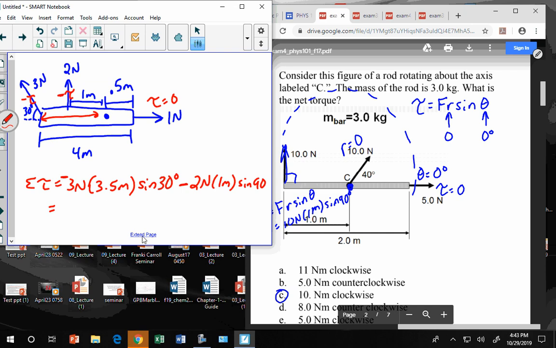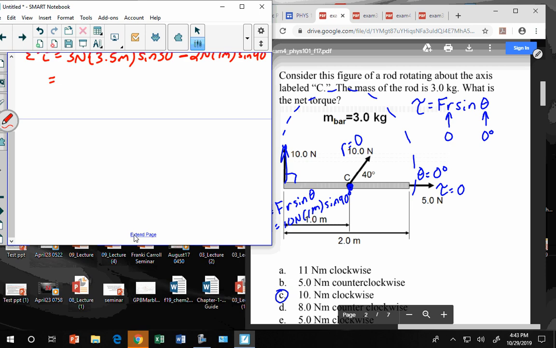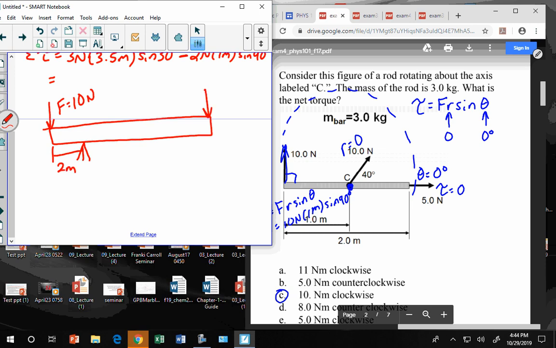You'll also have a problem just like you did in lab with the meter stick, where you're finding the balanced masses or forces, where I'll give you some lever that looks like this. Say I have a force here of 10 newtons at 2 meters, and I want to know what force down here at a distance of 6 meters is balancing.